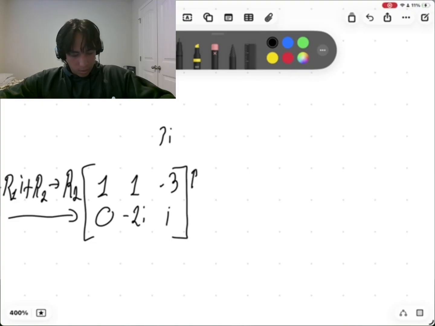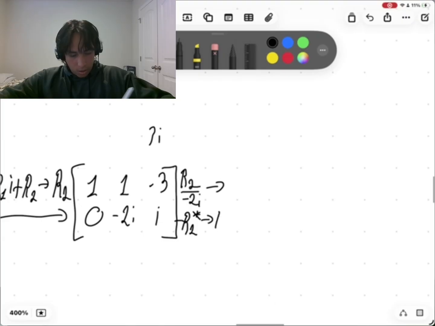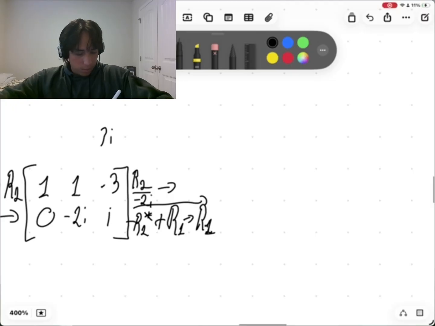And we can divide r2 by -2. And then, well, actually, -2i. We can get rid of the i. It's the same either way. Okay. We can do -r2 plus r1. Right?